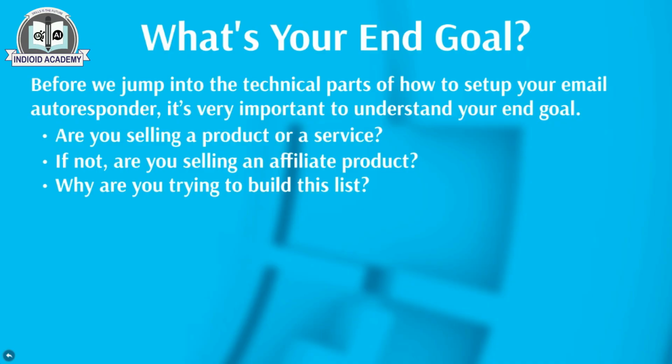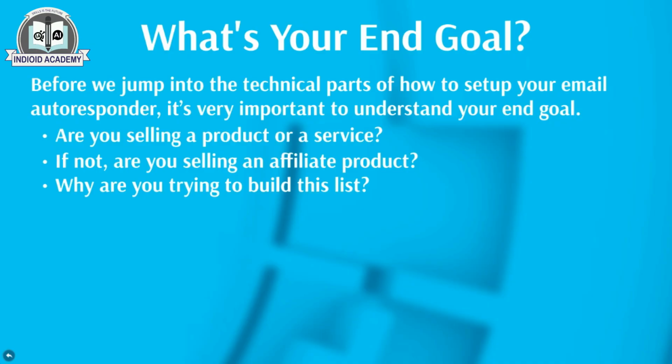If you're selling an affiliate product, you could still build a brand, but you're selling somebody else's product, so you need to gear it in a certain way. In other words, if you're selling a product or service, you need to clearly understand the problems your prospect faces, right? And give them tips and pointers along the way and build a relationship with them, gain their trust so that they're interested in your product or service.